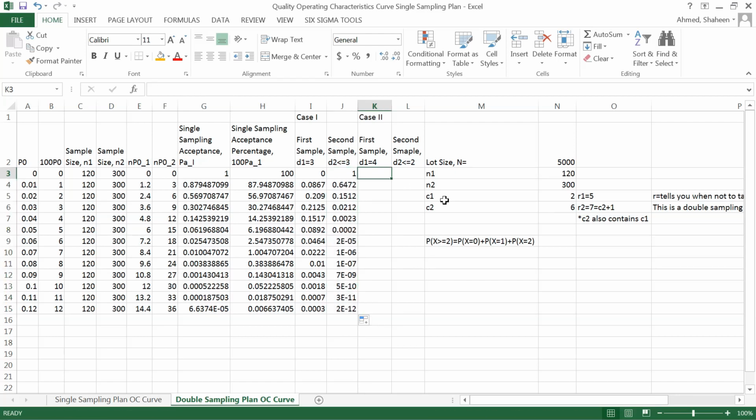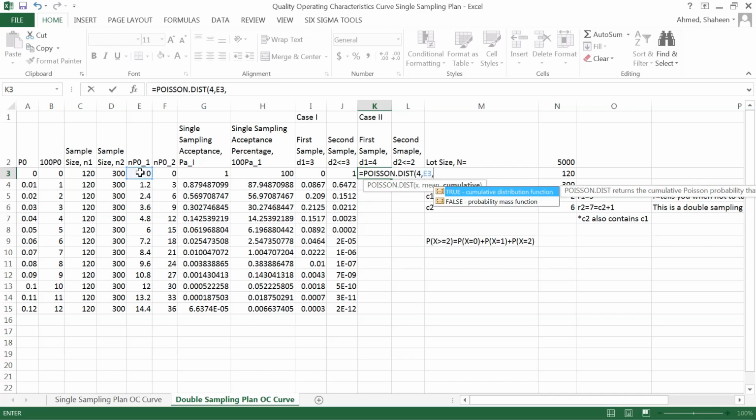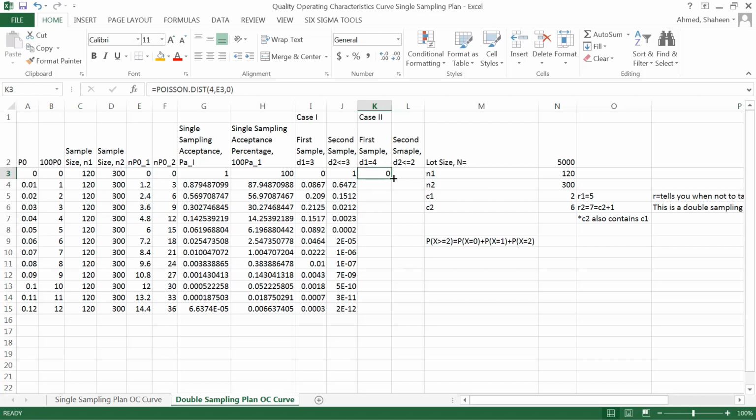Case 2, in the first sample, Poisson.dist, that is 4, comma, the mean value is the first sample mean value, this, comma, we are calculating D equals 4. That means just the probability associated with 4 defective, so that is non-cumulative. Copy all the way down.